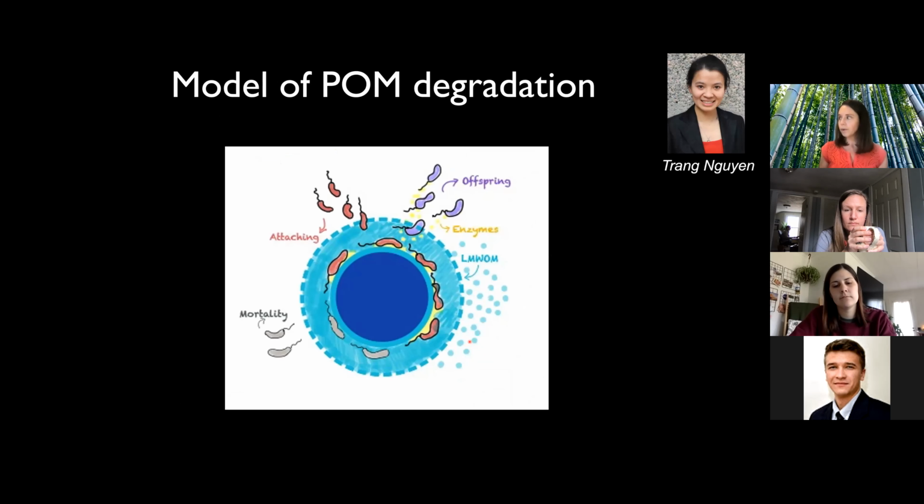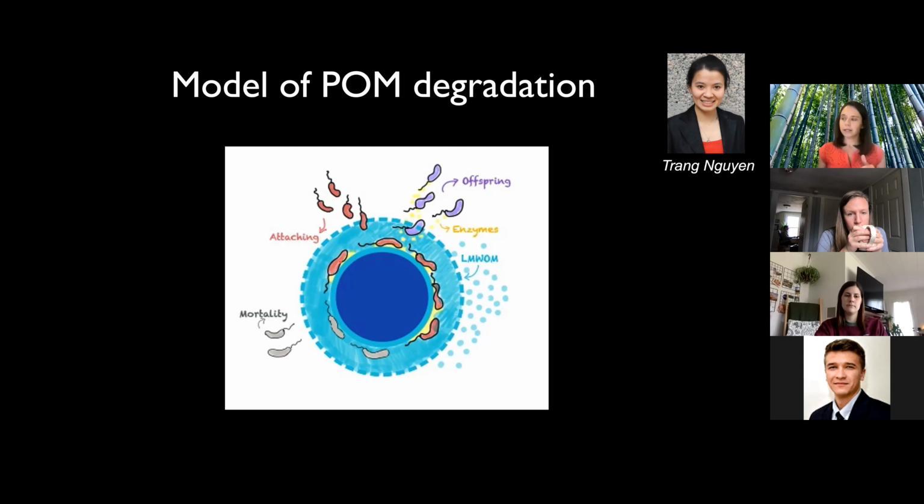So my postdoc Trang Nguyen developed a model of POM degradation that was trying to capture some of the observations that my colleagues who are studying these processes with microfluidics and synthetic beads were seeing in the lab. In the model, particulate organic matter, shown here in blue, is colonized by a primary degrader, which are these little red guys.